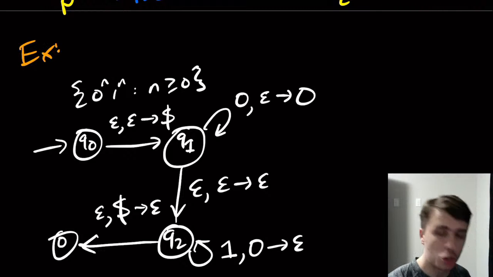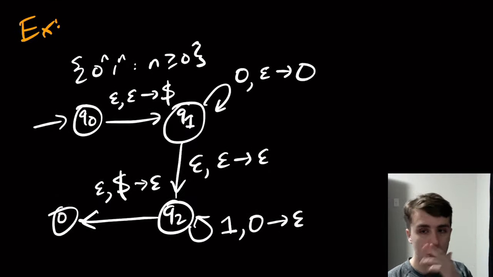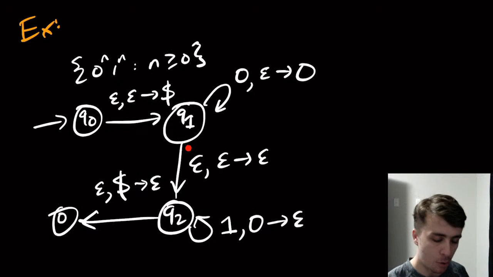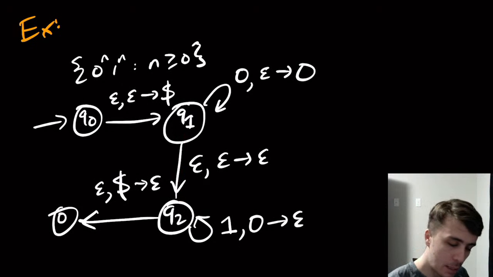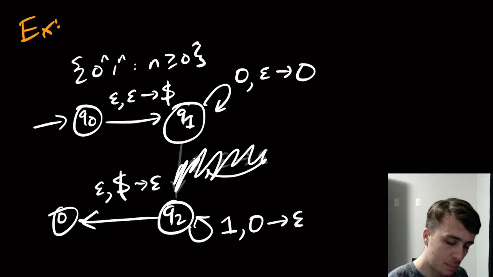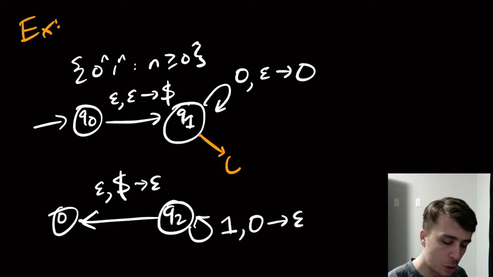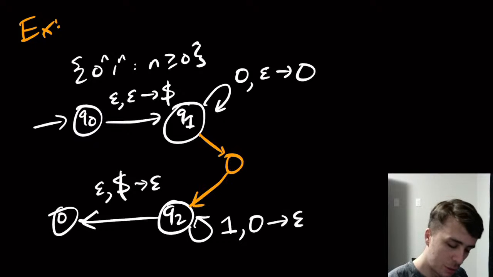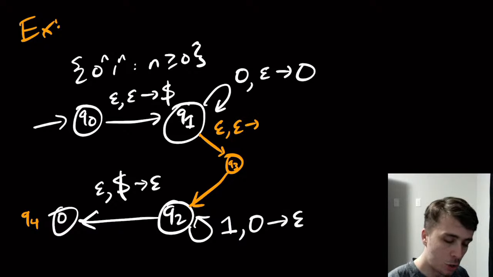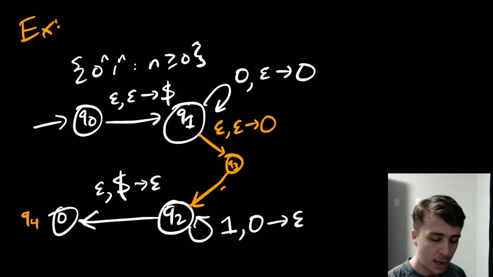We need to ensure that every transition pushes or pops, but not both. This one fails. So the way to fix this, spoiler alert, is to have it broken up into two transitions. Let's call this state Q3, and then this one is Q4. So I'm going to push on a 0, and then this one I'm going to pop a 0.